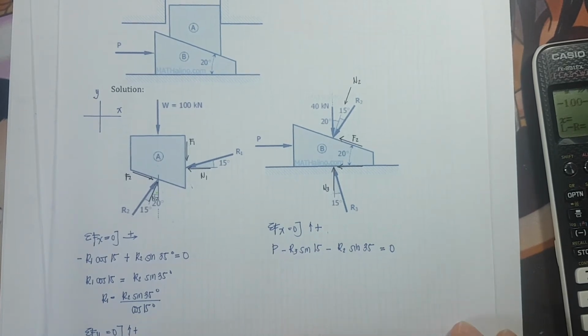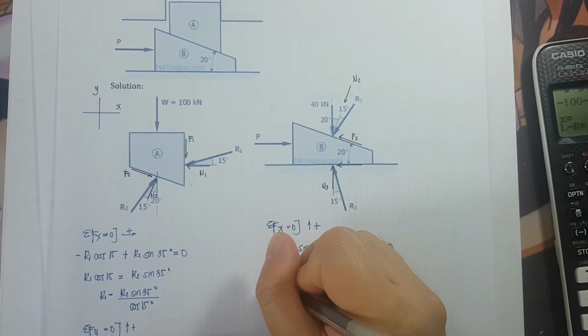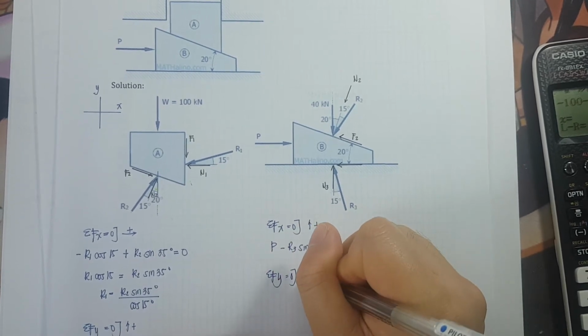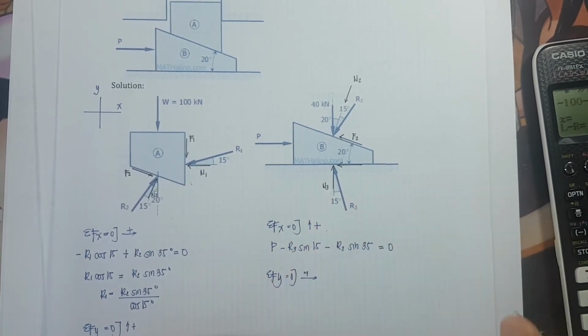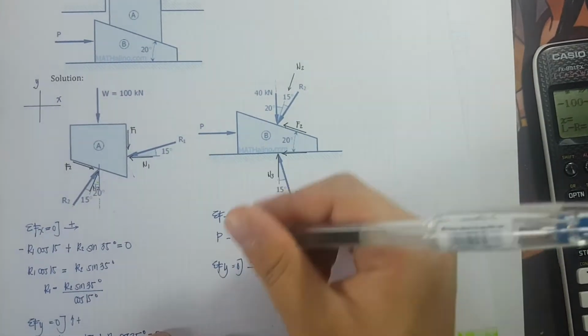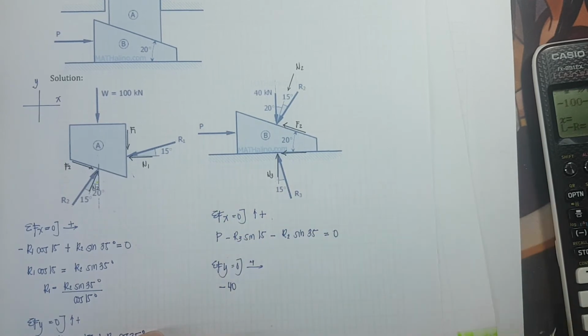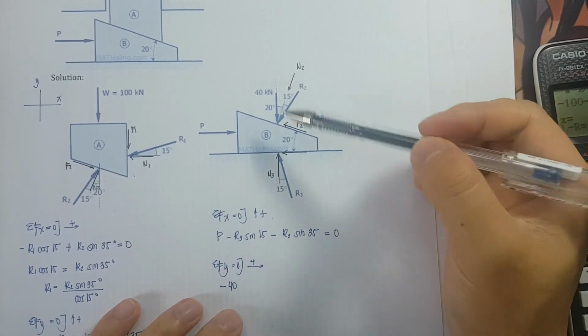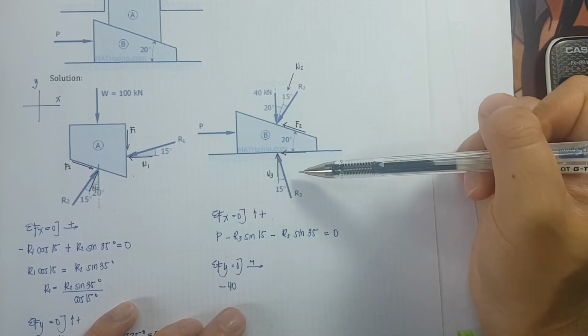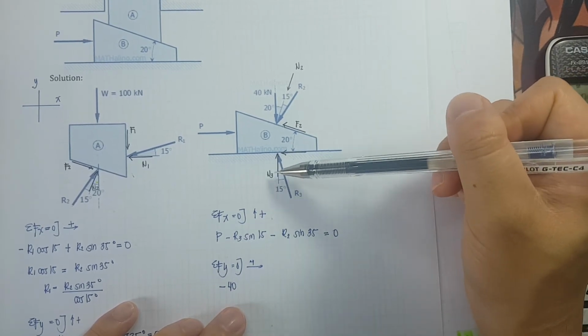Okay. Next would be summation of forces along the y-axis is equivalent to 0. All forces that are pointing towards right should be positive. So what are those forces? So we have here negative 40. Then the vertical component of R3 is a cosine function.